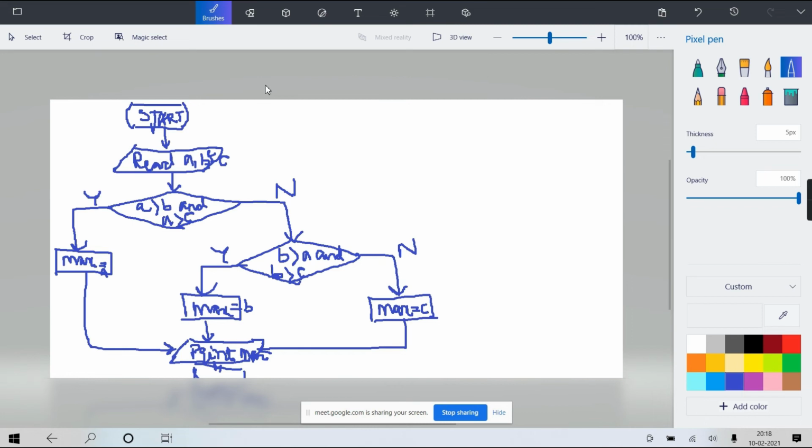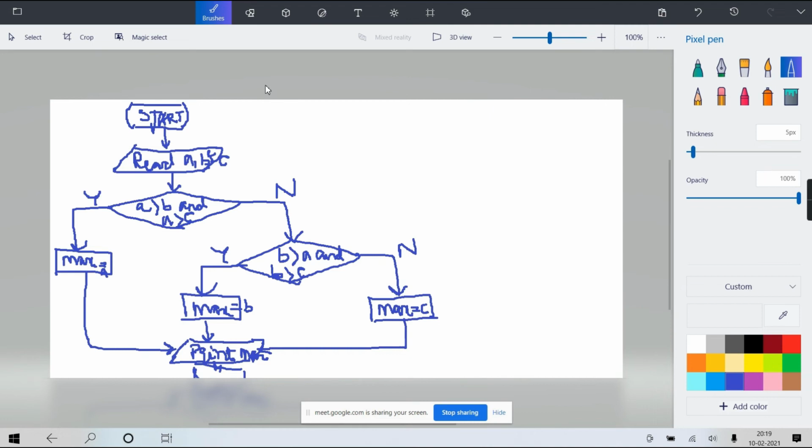Okay, Astik also has shown me a flowchart for max of 3. You've written read 3 numbers A, B, C. Then you're checking A, yes. So instead of writing so elaborately, Astik, like print A greater than B, you can just write print A, that's all. Then this one, print B, that's all. And else, again you have made some mistake, there was no need of a third decision.